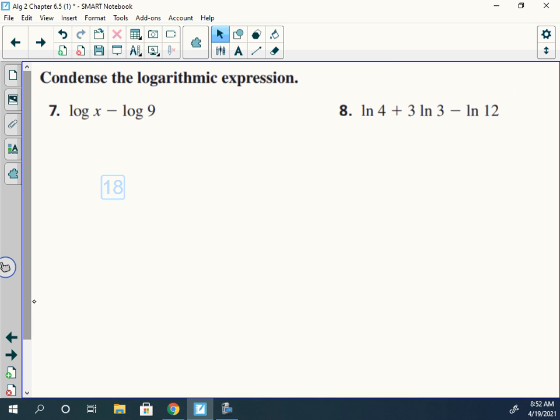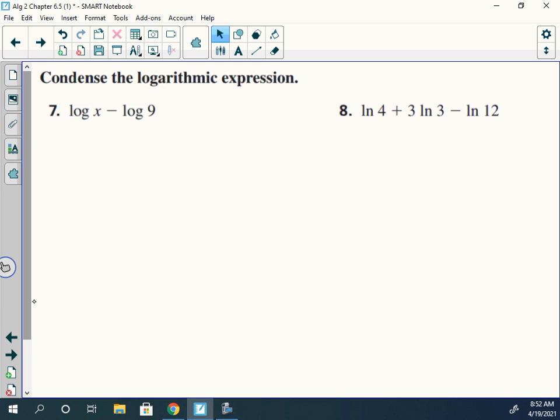Okay. And these are no different than what we've been doing. So no matter how complicated or how many terms we throw into these, expanding and condensing, as long as we go one step at a time, they're not as bad as we might think. Any questions on this?